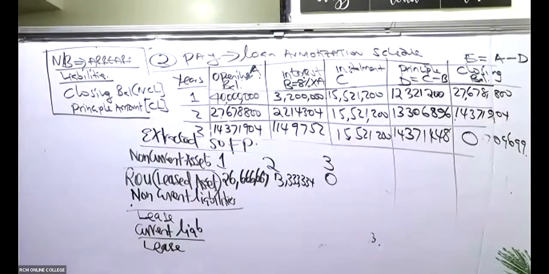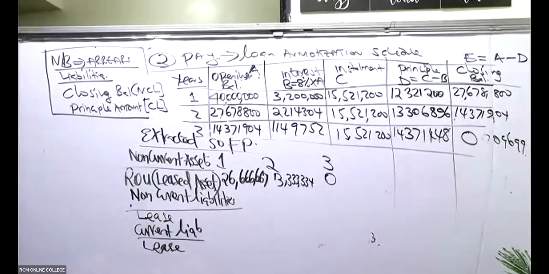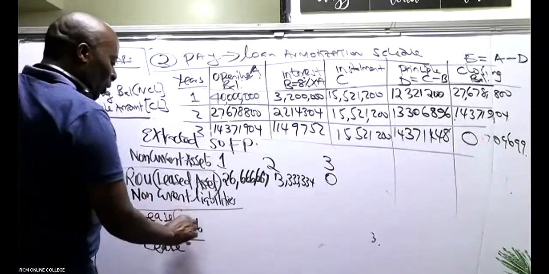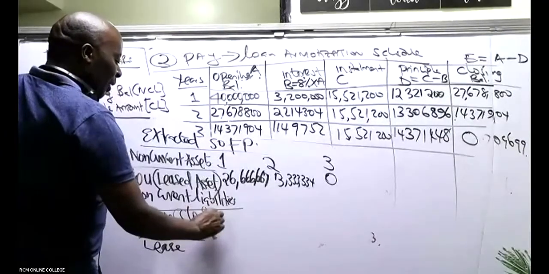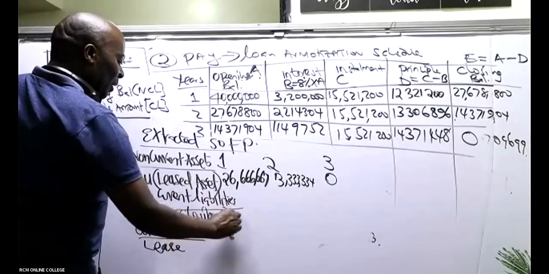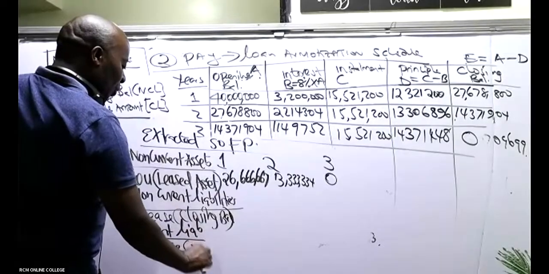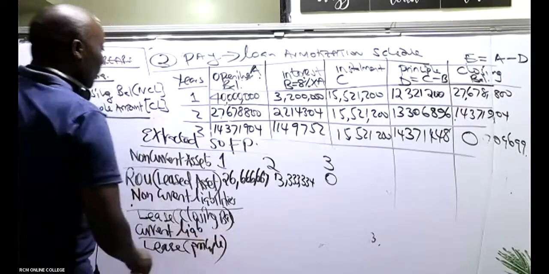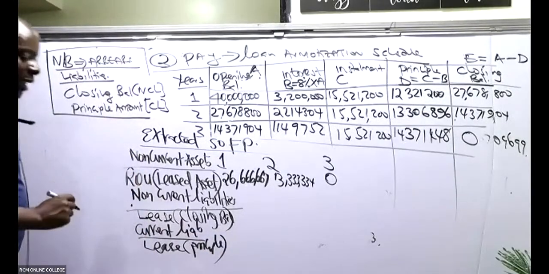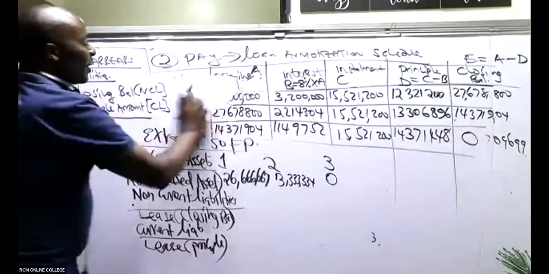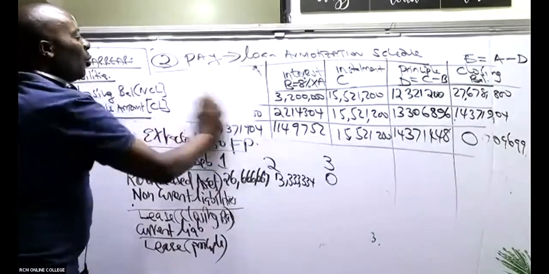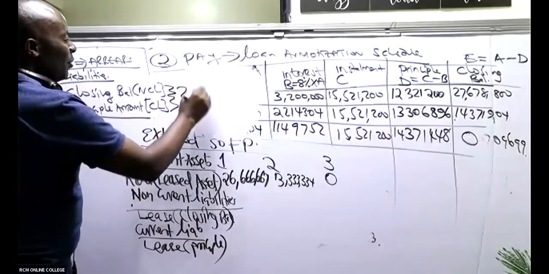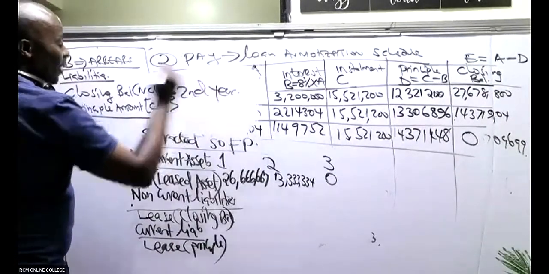Remember, here you're going to pick the closing balance, and here you shall pick the principal amount. But remember, you will start from the second year. The figures you pick will always be from the second year.